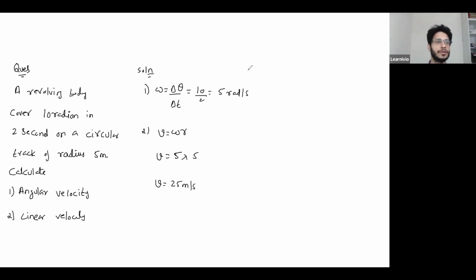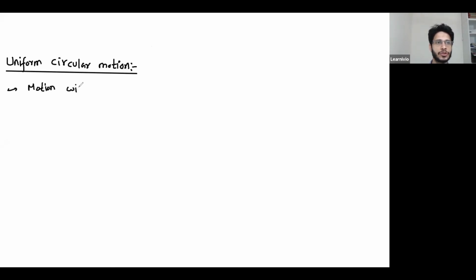The next thing is uniform circular motion. Uniform circular motion means circular motion with a constant speed. Motion with a constant speed is known as uniform circular motion.